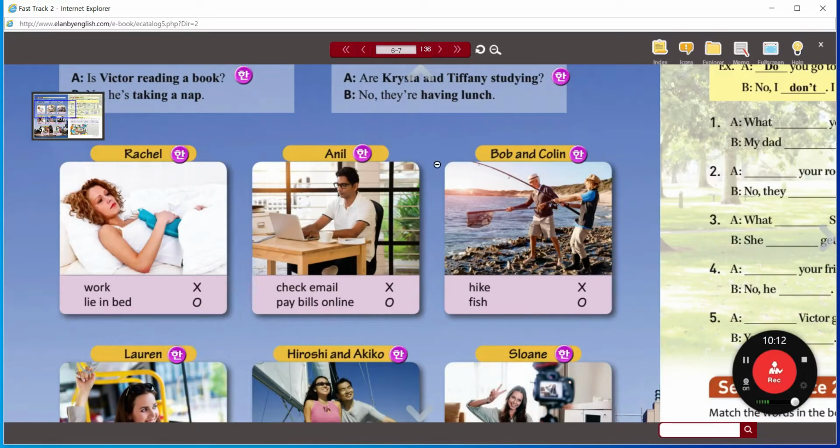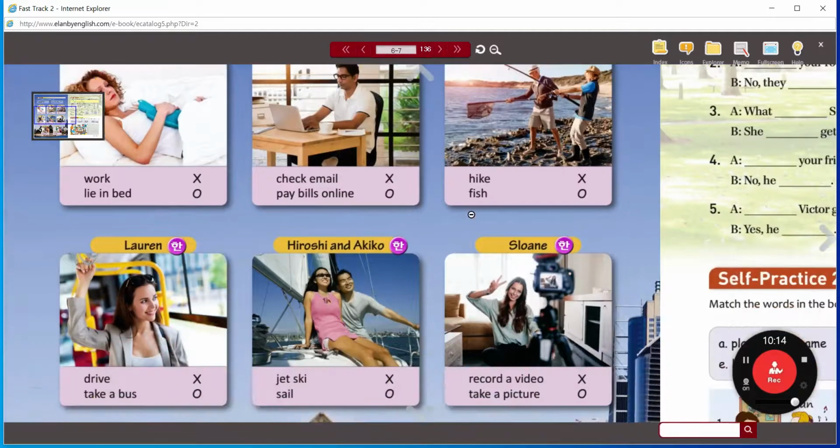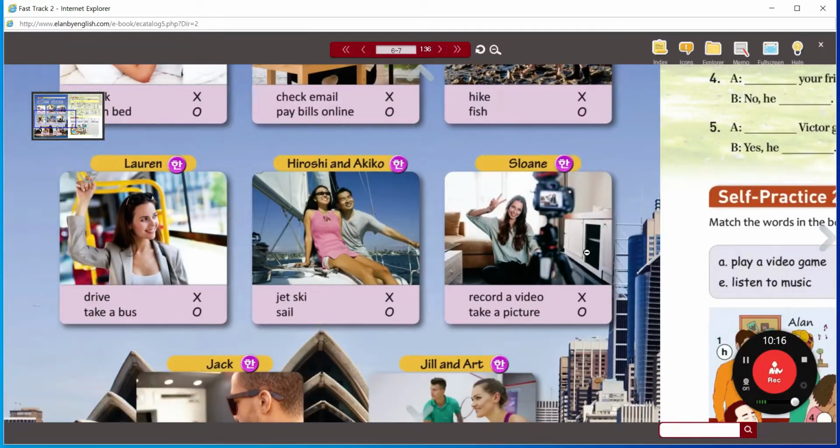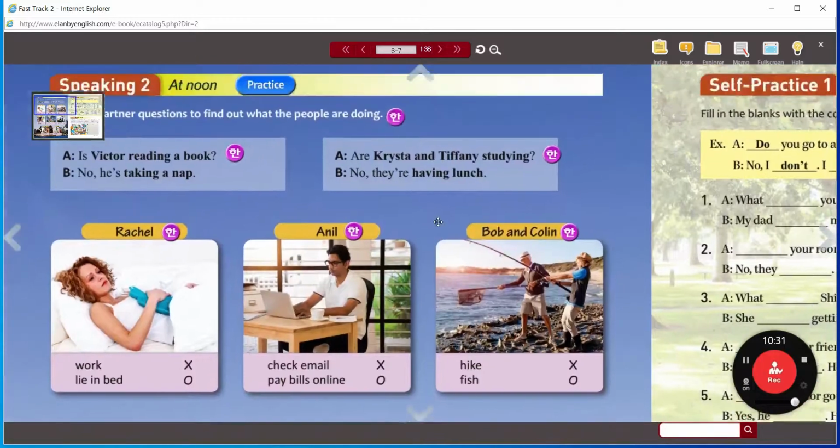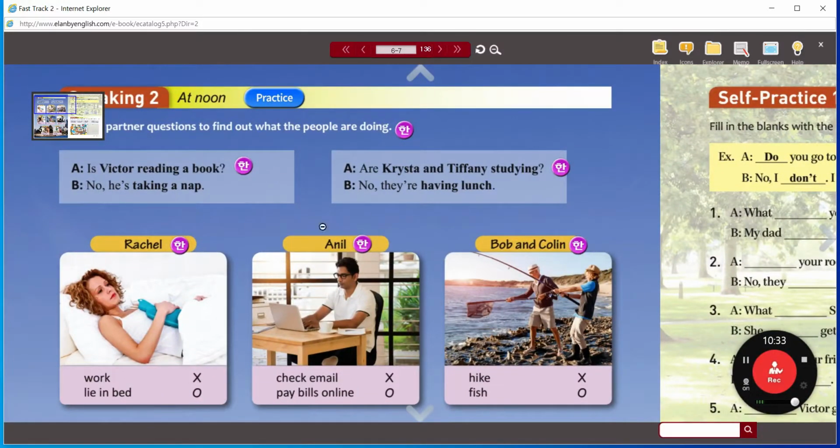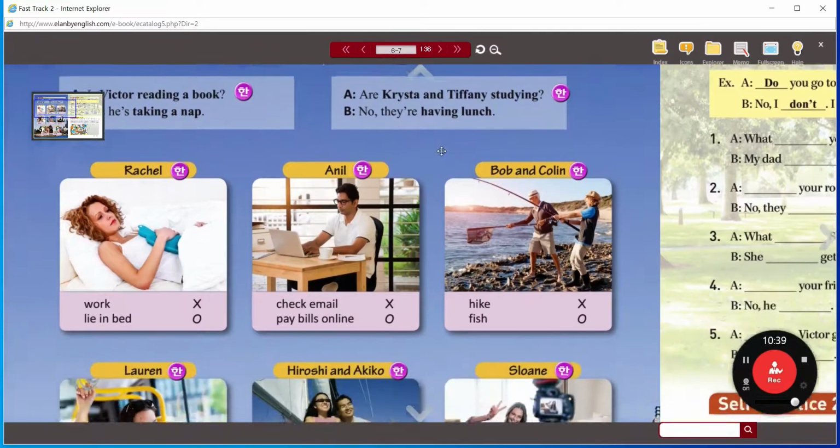Likewise, if people are asking you about people, asking about Sloan recording a video, asking about Lauren driving, you can correct them. You can tell them no and say what they are doing right now. Okay. All right, so these are kind of closed questions, and you've had a bit of experience asking about what people are doing right now.